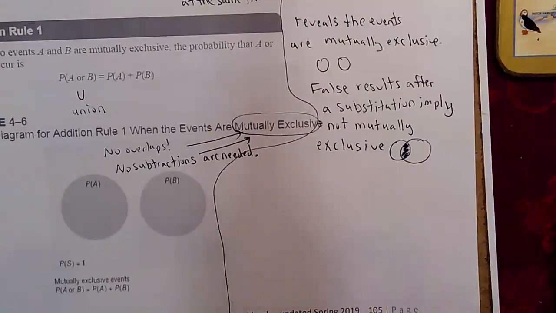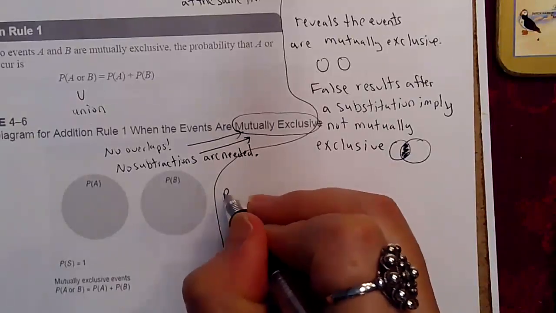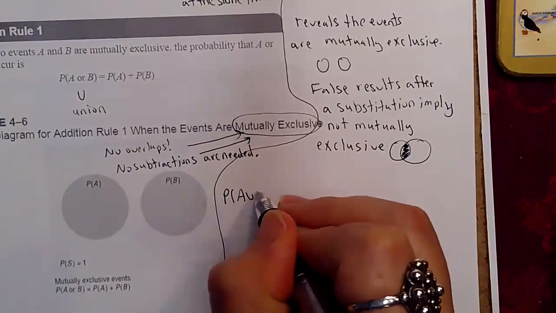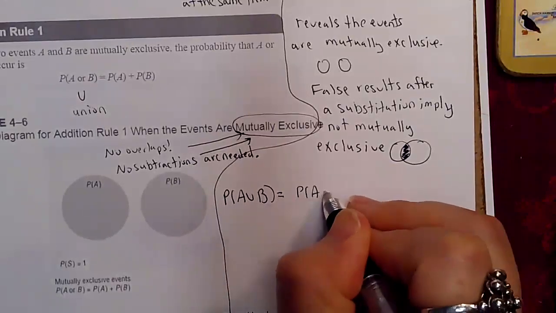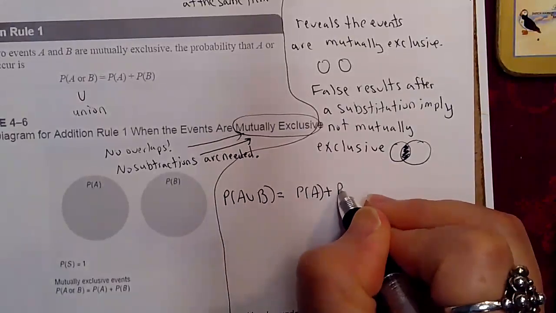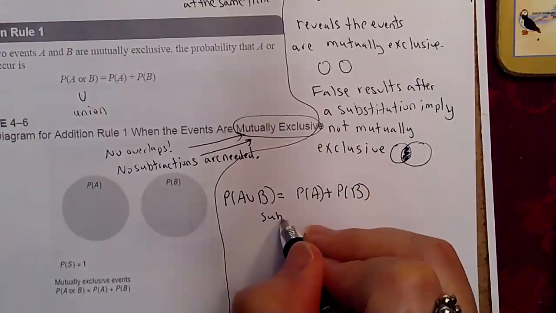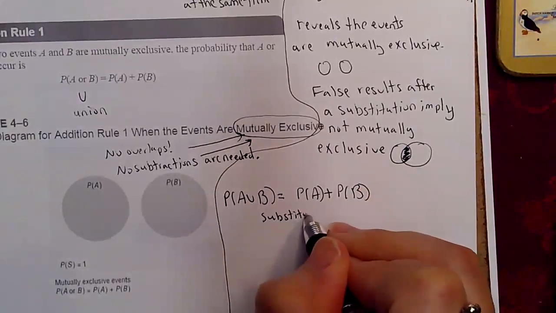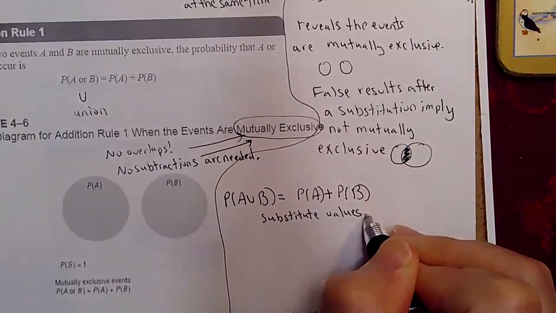Okay, so let's do the substitution. Let's write down that formula: probability of A union B is equal to probability of A plus probability of B. Let's substitute our values.